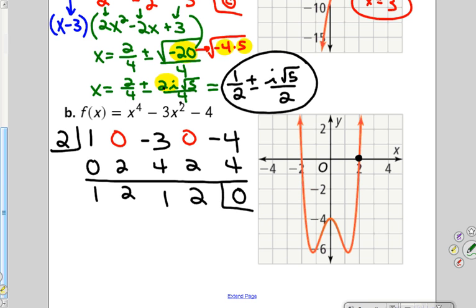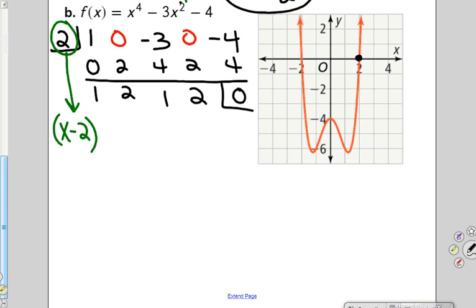Keep going. If 2 worked, it means one of the factors is x minus 2. The other comes from the result of the synthetic division. It started out as an x to the 4th, so it drops to 1x cubed, 2x squared, 1x, 2.